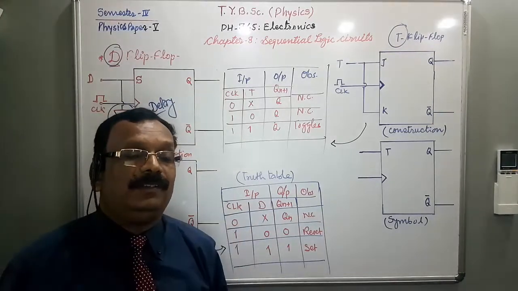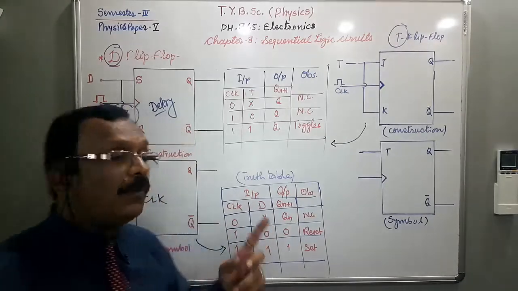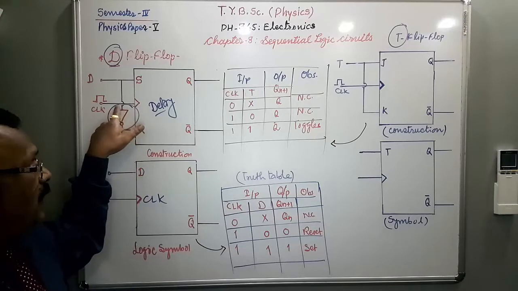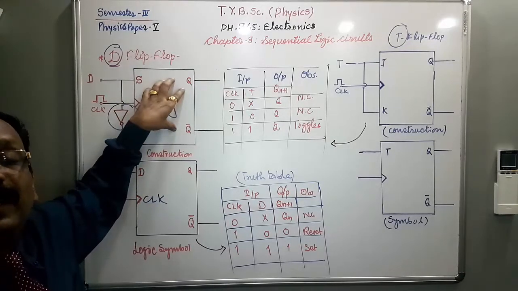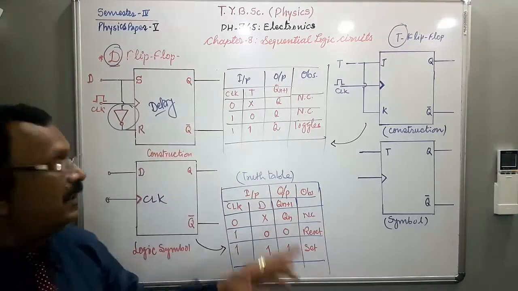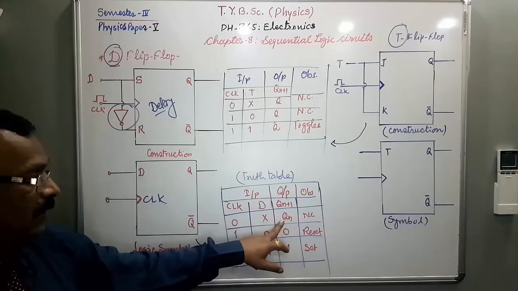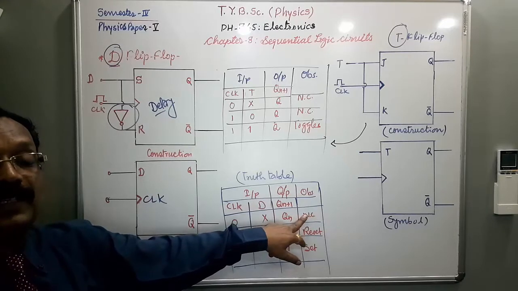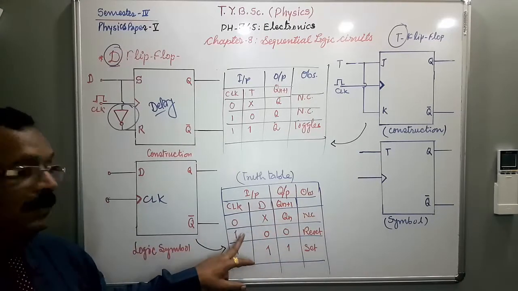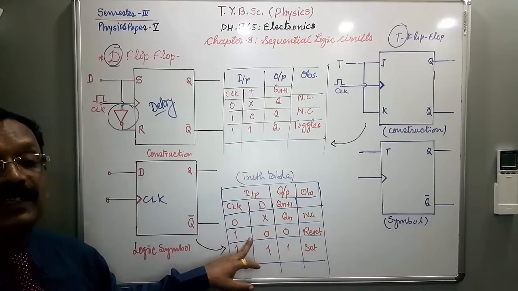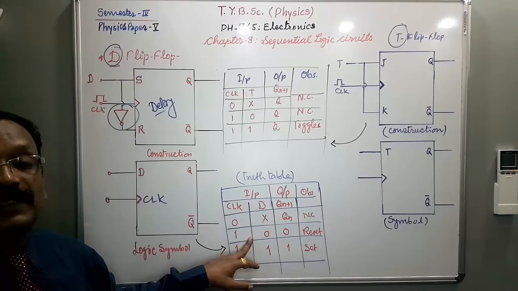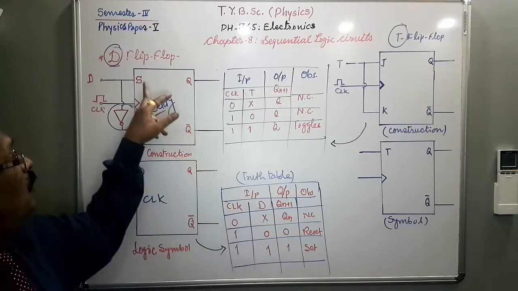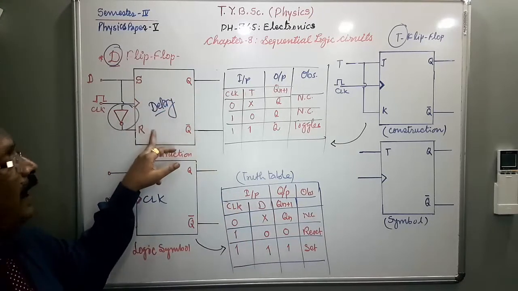This is very simple. I am going to repeat. When the clock pulse is low, the flip flop is disabled and the output will not change. There is no change. But if the clock pulse is high and D is equal to 0, that means S is equal to 0 and R is equal to 1.